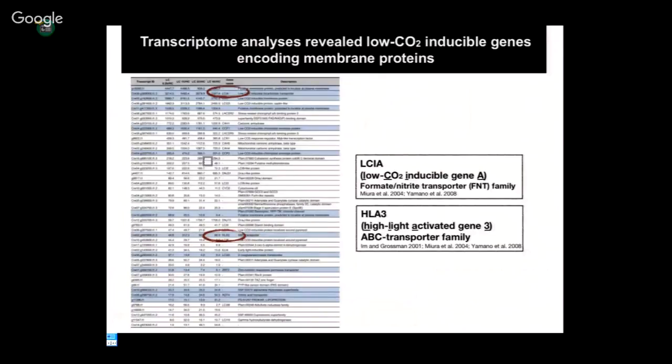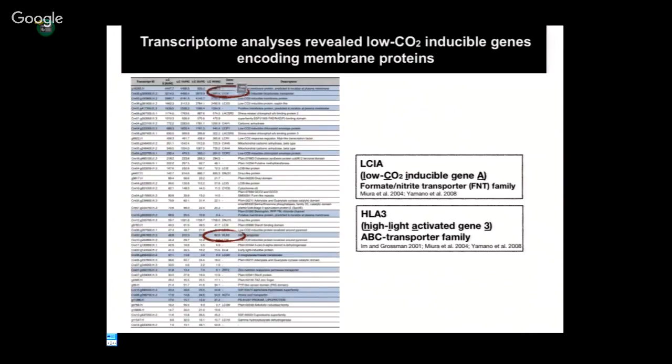Therefore, we listed the protein gene products by comparing RNA using RNA-seq transcriptome analysis. We isolated RNA from different conditions, from high CO2 cells and from low CO2 cells, and compared the expression levels. We listed almost 20 proteins, and we used almost the top line.